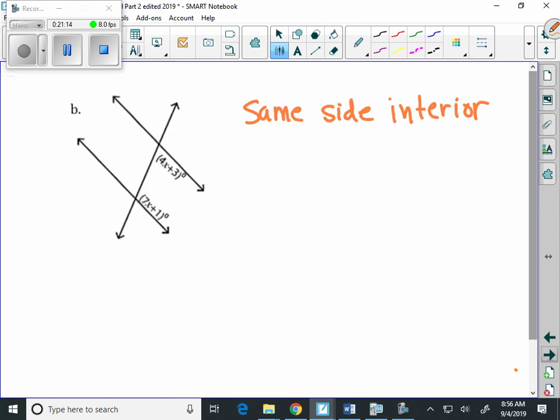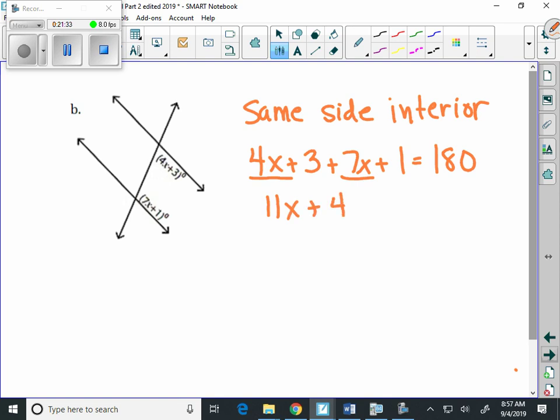So what we can say is 4x plus 3 plus 7x plus 1 is 180. Remember, when we solve these equations, we need to add like terms. 4x plus 7x is 11x. 3 plus 1 is 4. And that equals 180.